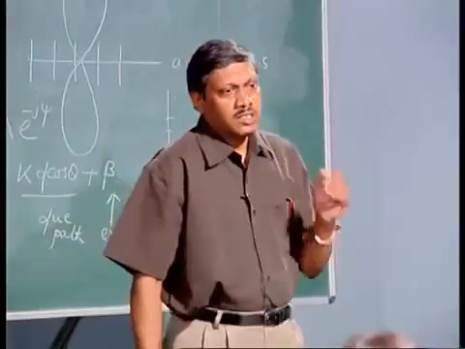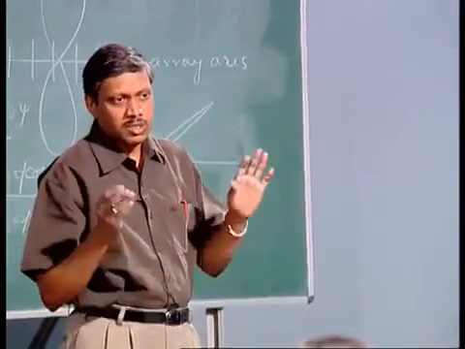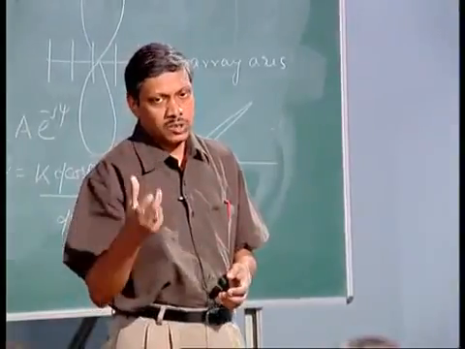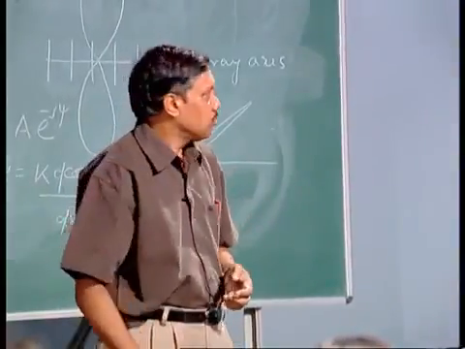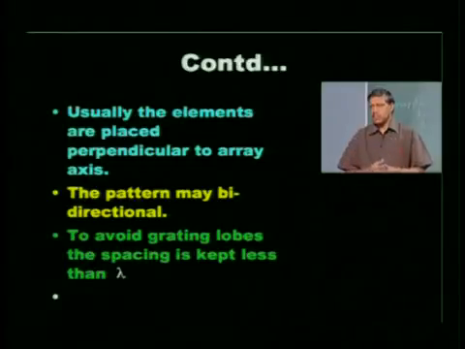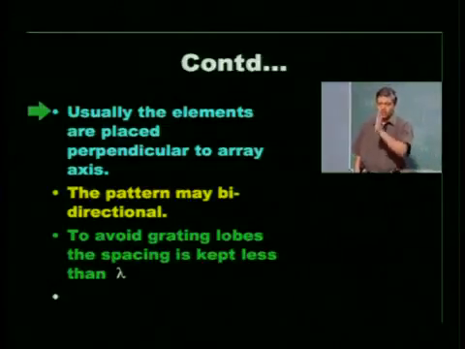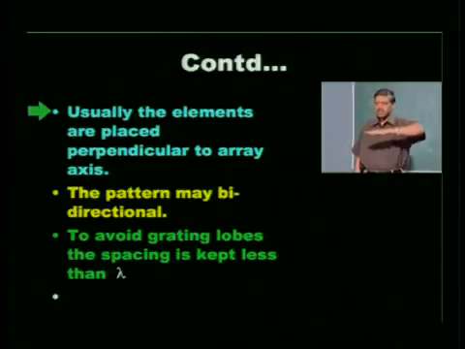Usually, this is also a requirement when you are designing the broadside array, you have to keep certain things in your mind. The excitation phase has to be 0, that means it has to be fed in the same phase. Preferably you should keep your elements perpendicular, like if you have a dipole, the dipole can be kept like this, or like this.